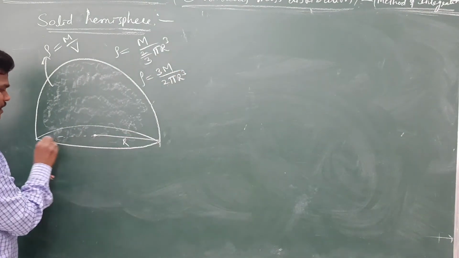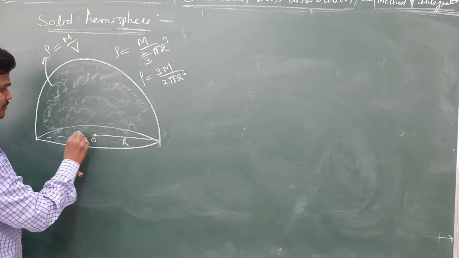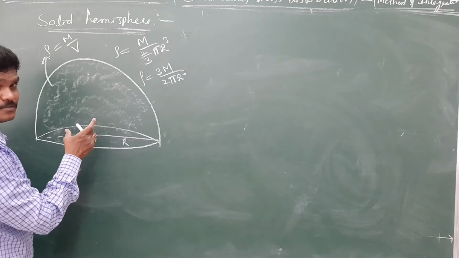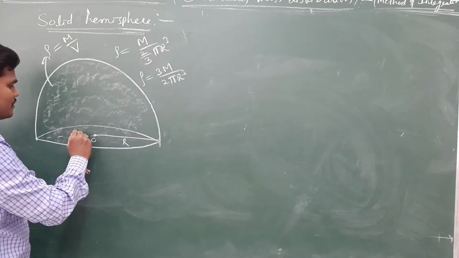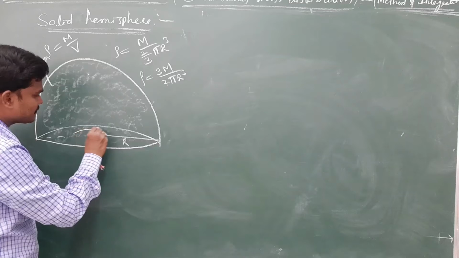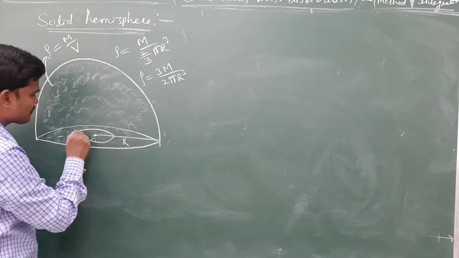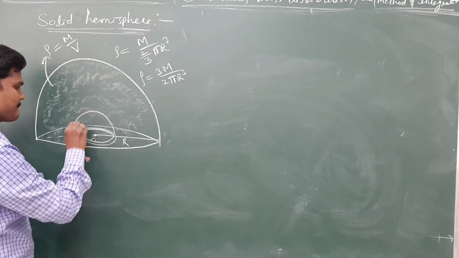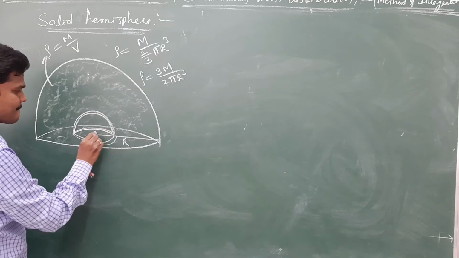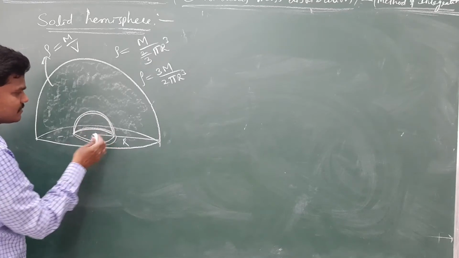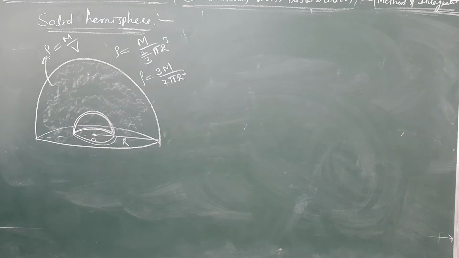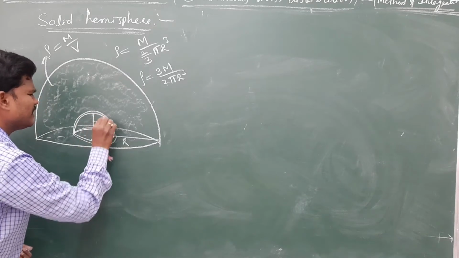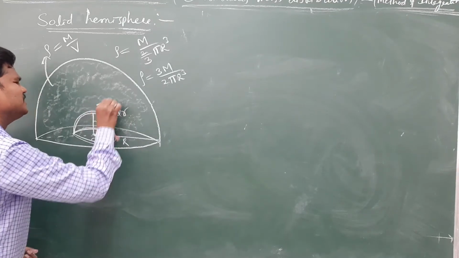Again, take a small part, like this. Here this is a solid sphere, so it is completely made up of material inside. So the small part looks like this. This is at a radius r, and this part is dr, mass is dm.